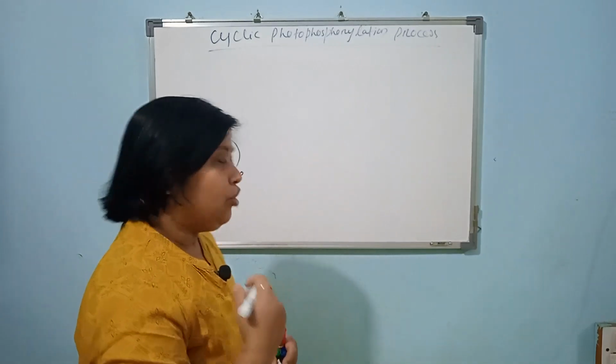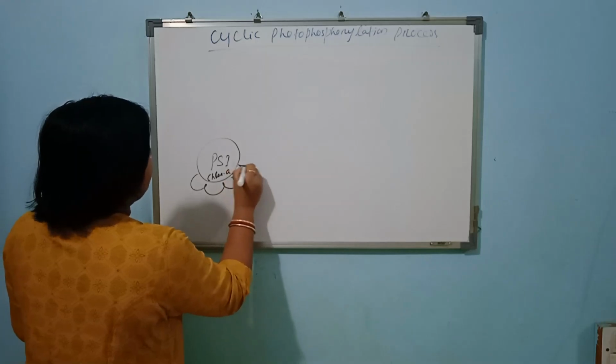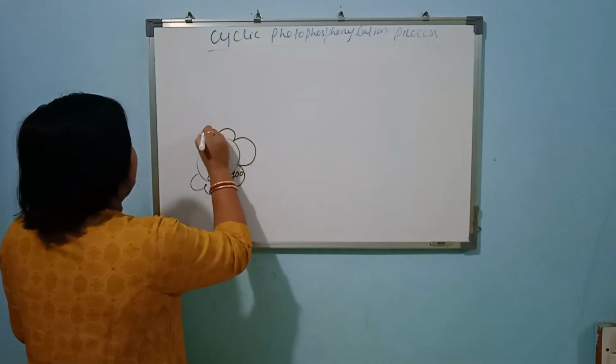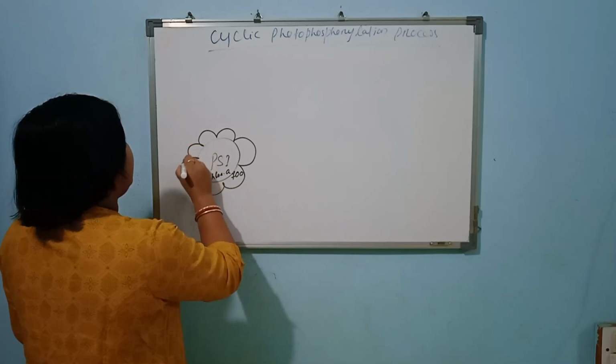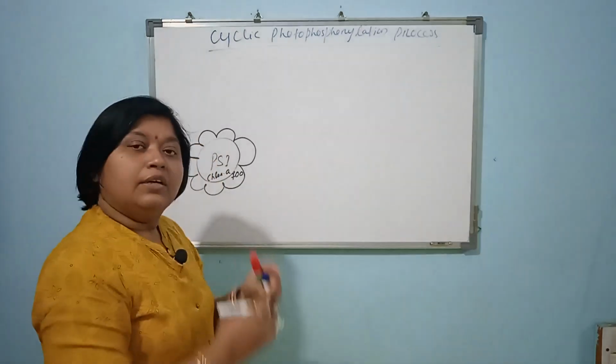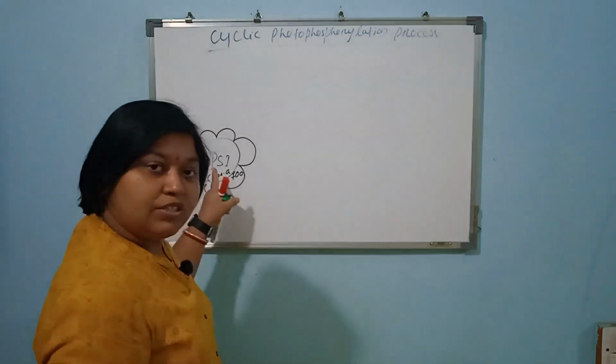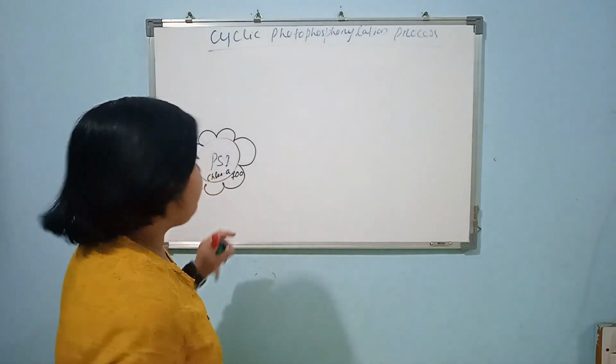and releases an electron. Along with it, there are a number of accessory pigments, and they trap solar energy and transfer that energy to this specific pigment, which is the reaction center for pigment system 1.